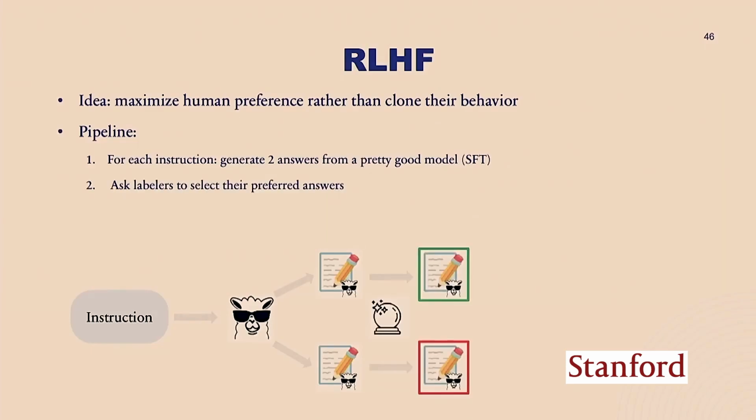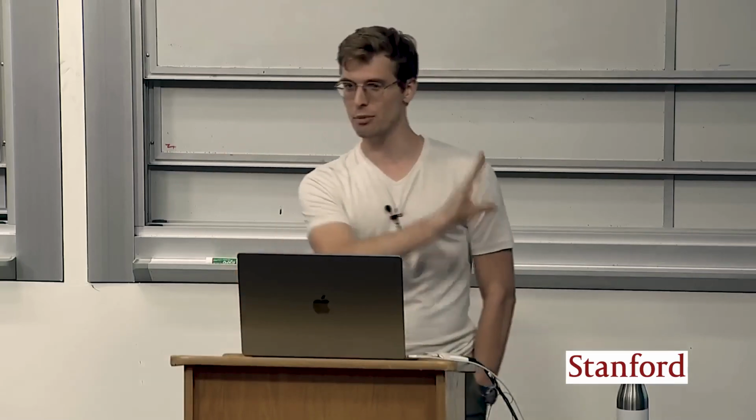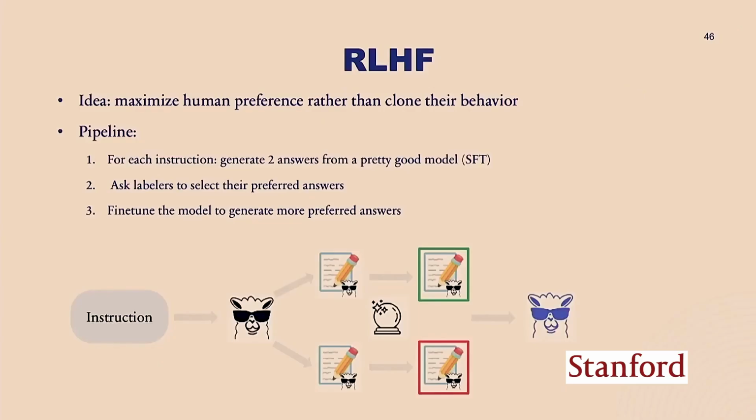And then you ask labelers which of these 2 answers was better. So select the preferred one, and then with different types of algorithms, which we're going to talk about, you just fine-tune the model to generate more of the green thing than the red thing, so more of the good stuff. So now the question is how, and we're going to talk about that right now.